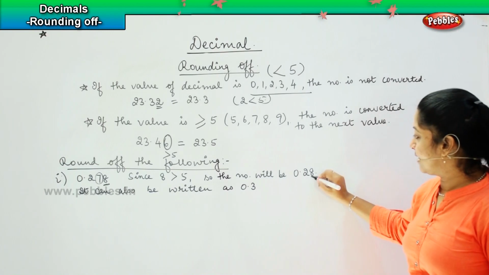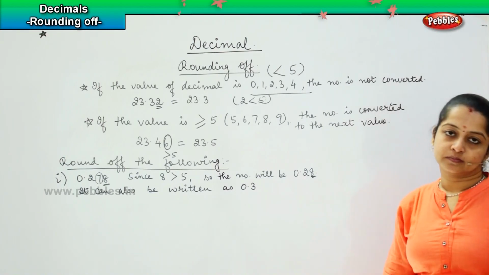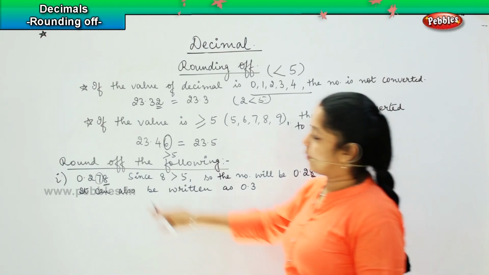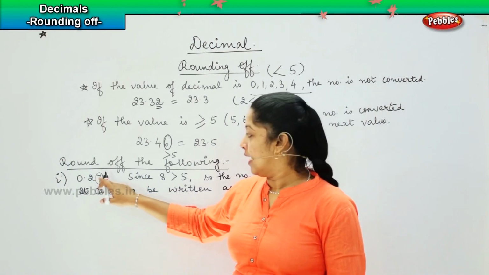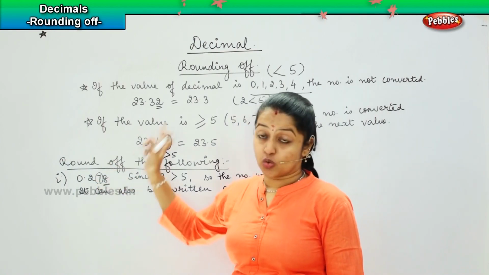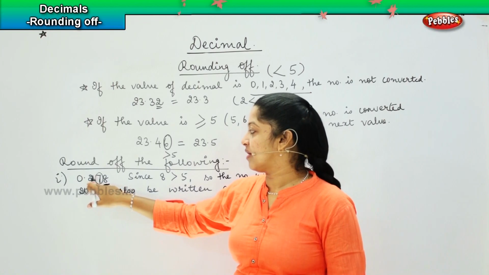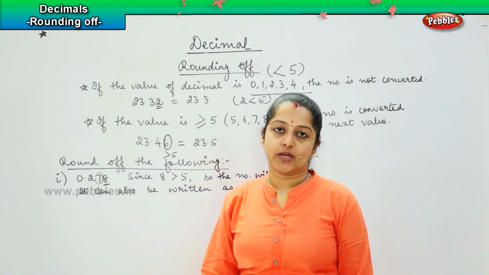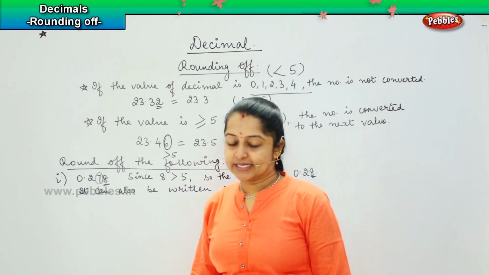Why? Because here the value is 8. So first you convert at the nearest place value, and after that if this value is also 5 or greater, then you convert the next value. Shall we do the next sum?